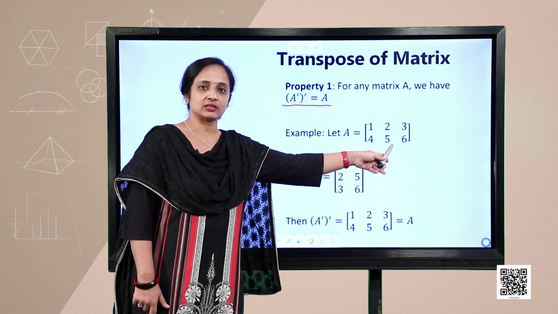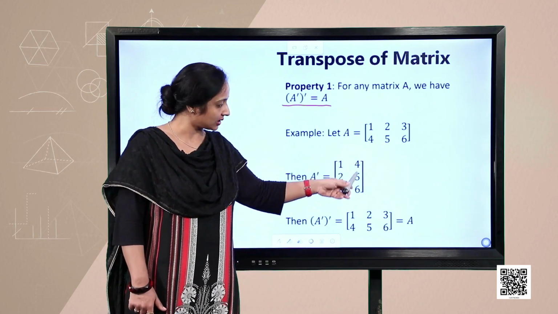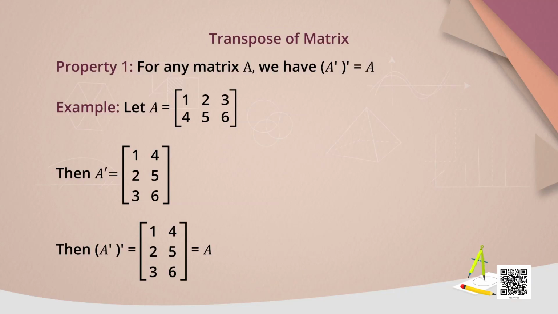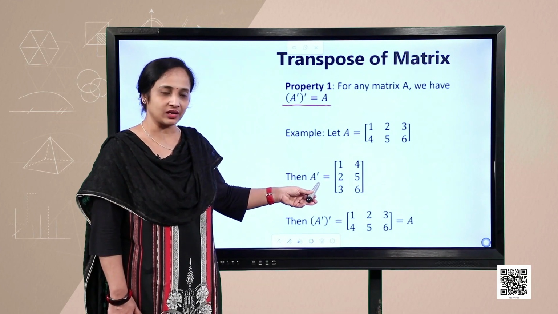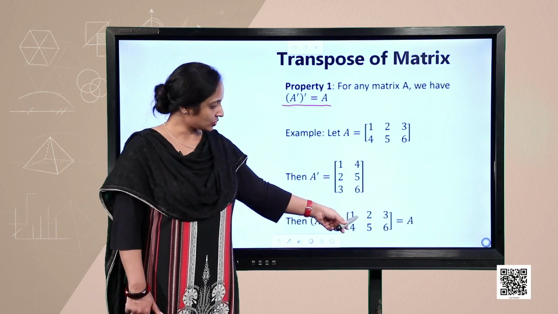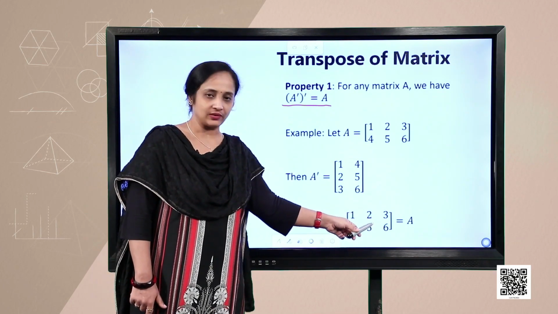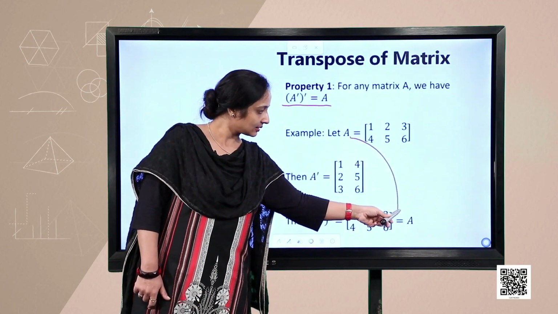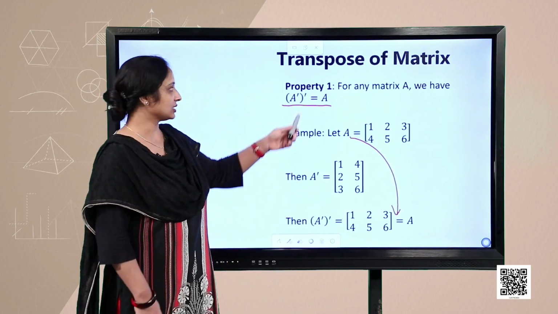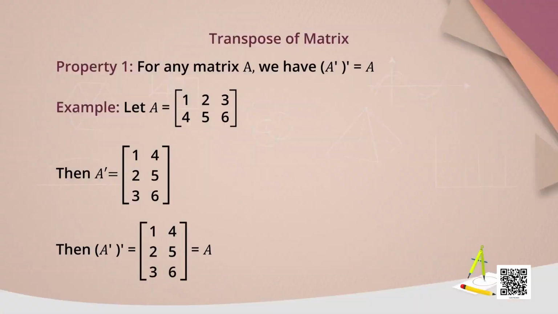Row 2, which is consisting of elements 4, 5, 6 becomes column 2 consisting of the same elements 4, 5, 6. Now, let us take transpose of this A transpose again. So, you are getting 1, 2, 3, 4, 5, 6 as 2 rows and you are getting this matrix A back. Fine. So, this property is holding that A transpose transpose is matrix A.